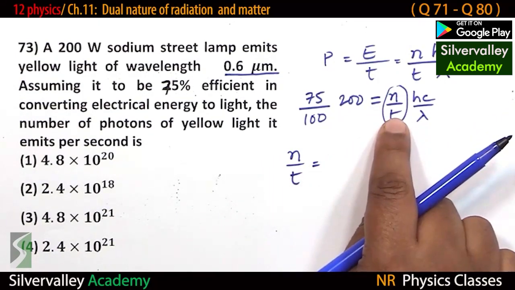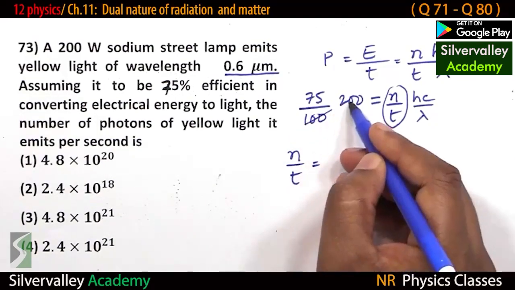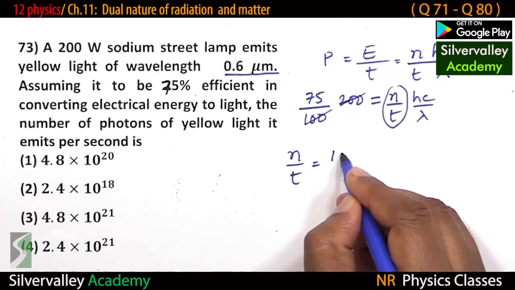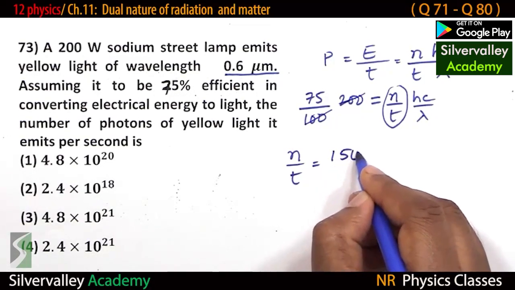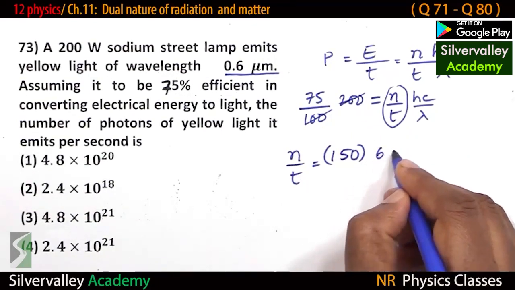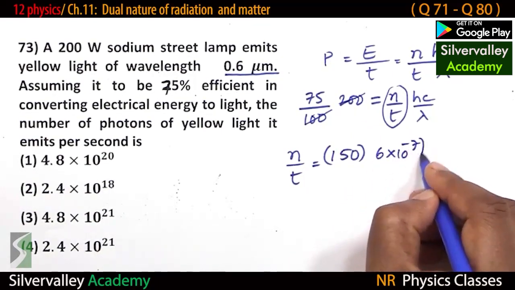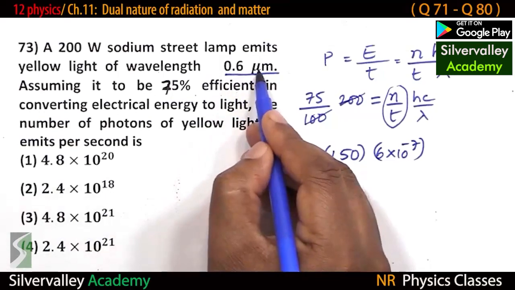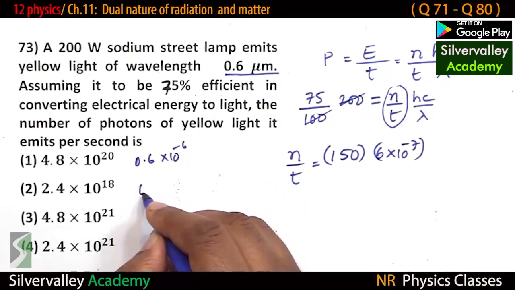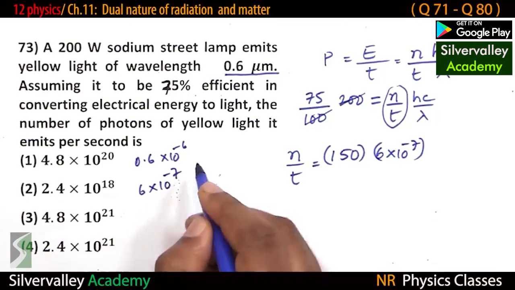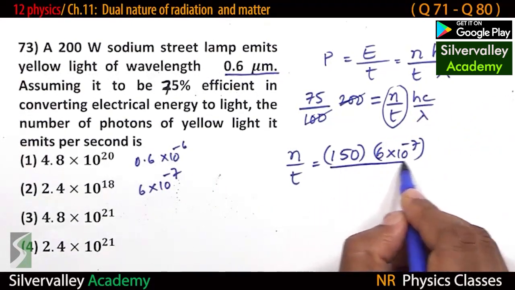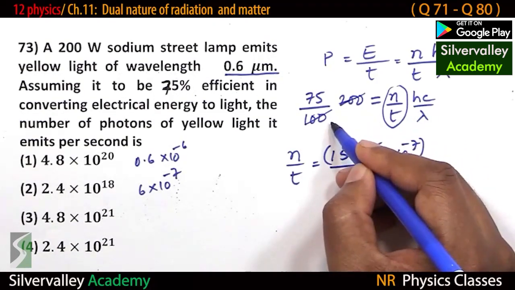N by t is, this is 1, this is 2, 75 times 2 is 150. Lambda goes to the numerator: 6 × 10^-7, since 0.6 micro is 6 × 10^-7 meter, divided by hc. hc should come to the denominator.